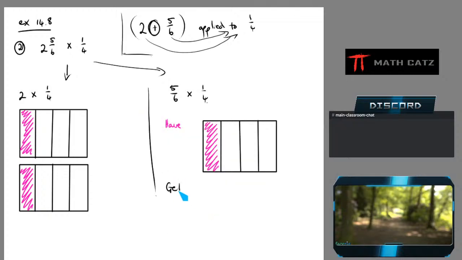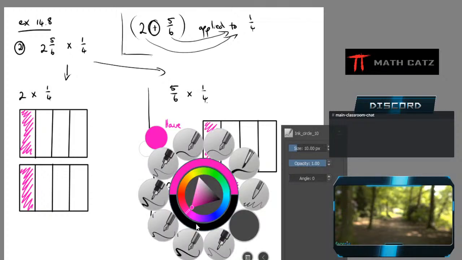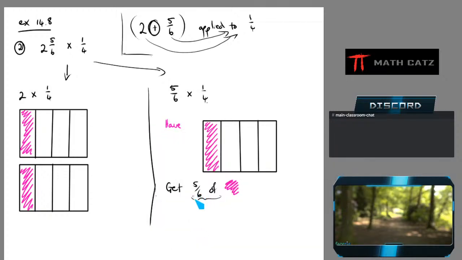So on this side, I get 5/6 of what we have, of the pink. That means 5 of 6 rows, because I've used columns. So I'm going to go horizontally 6 pieces.